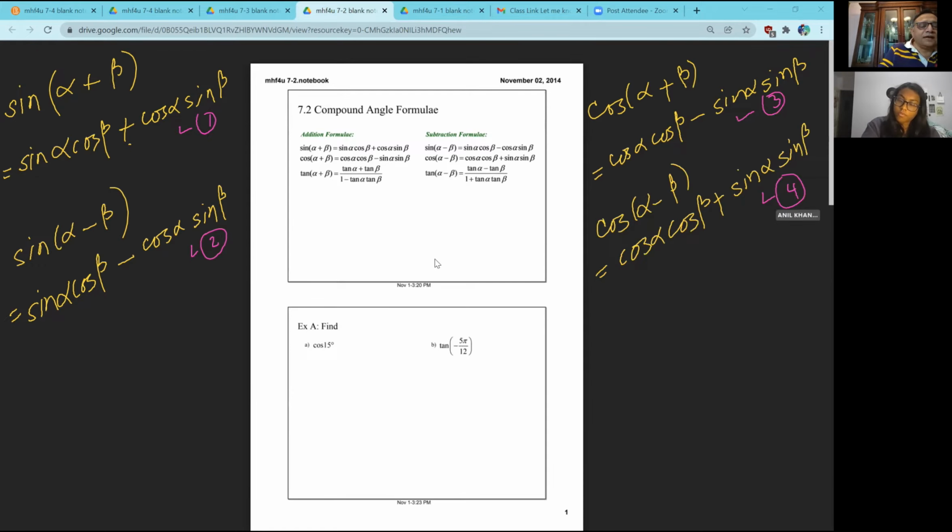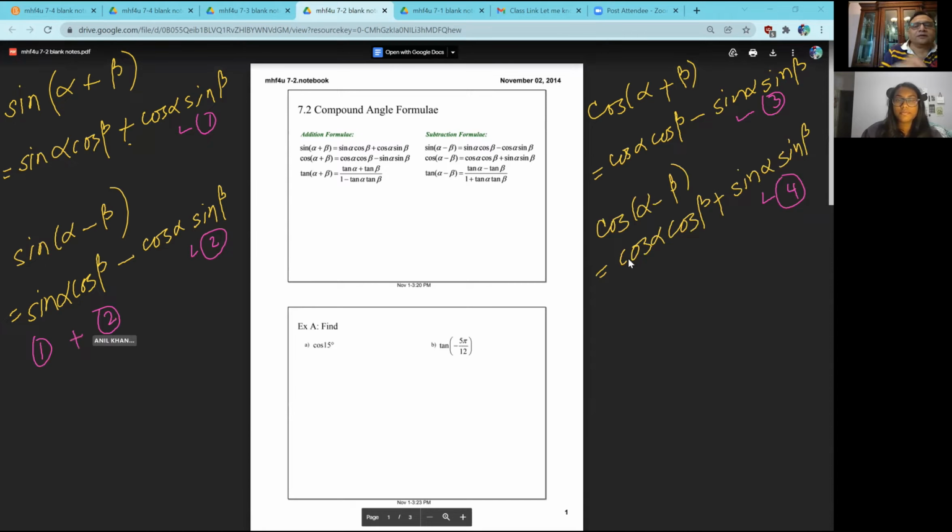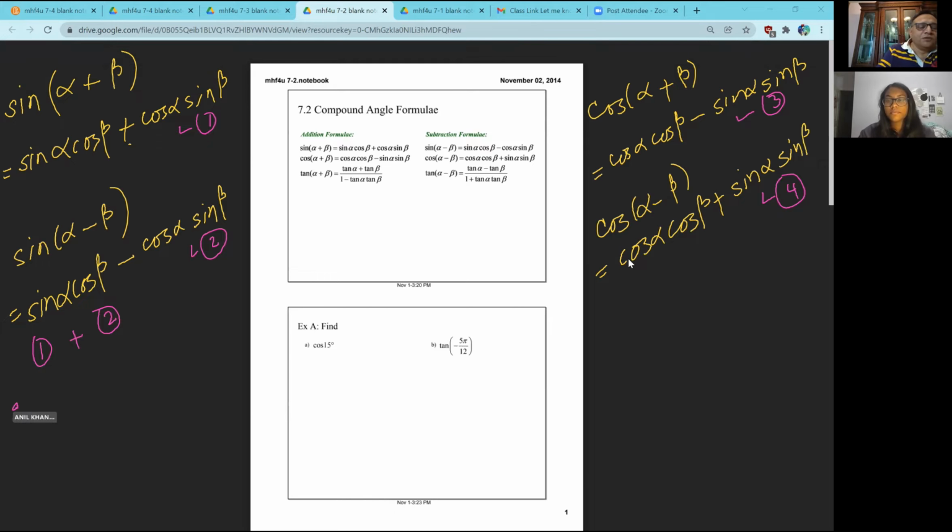Now, what happens when I add 1 and 2? So if I add 1 and 2, we do get sine alpha plus beta plus sine alpha minus beta. When you add them, what do you get?